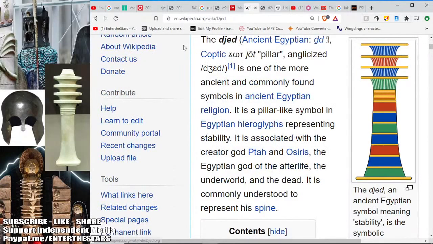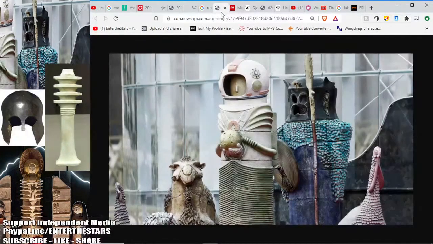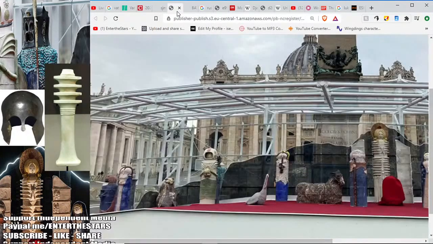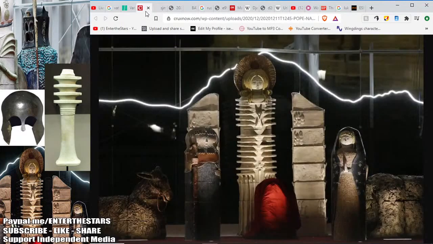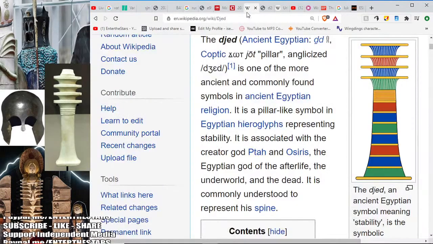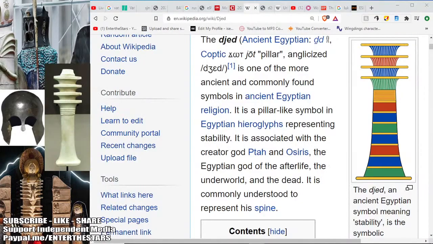Here's a good image of it there. We're going to get into some other aspects of this nativity scene as well. It's not going to be just all about the Jed, but I wanted you to see the side-by-side of what we're dealing with here and that they were going after this aspect of it.